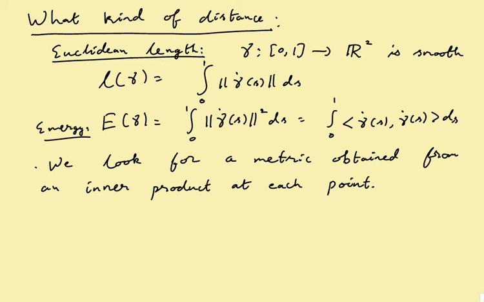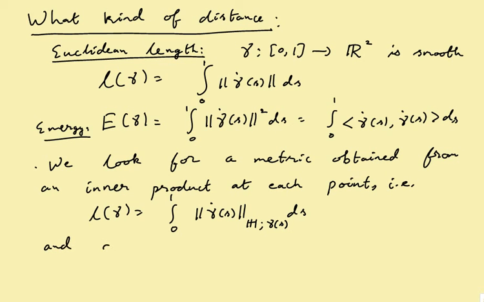That is to say we have an inner product at each point, and we want the length of gamma to be the integral from 0 to 1 of the norm of gamma dot of s, and maybe for now I'll put for emphasis that this depends on the point gamma of s, ds. And distance is shortest length, more generally the infimum of length.